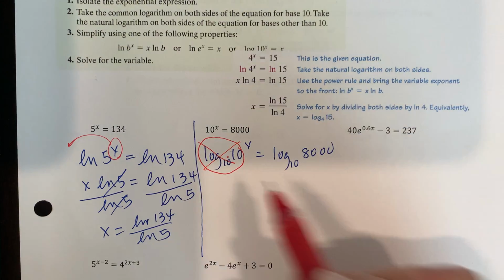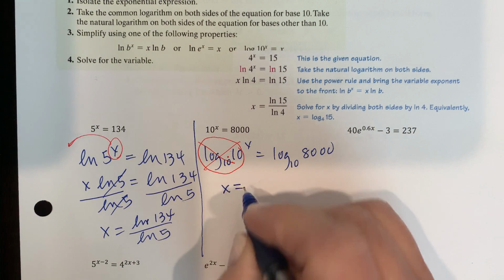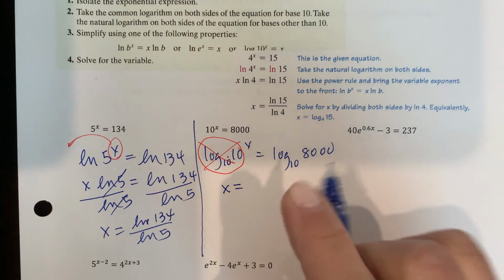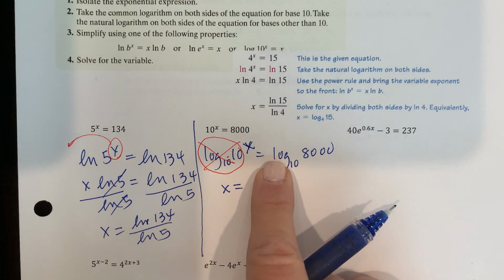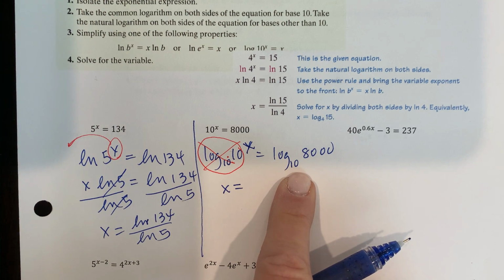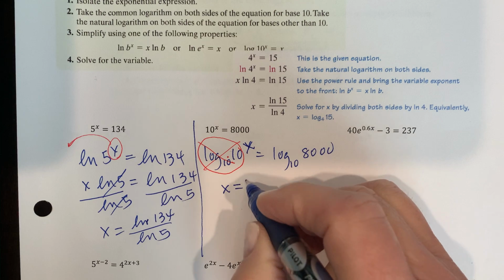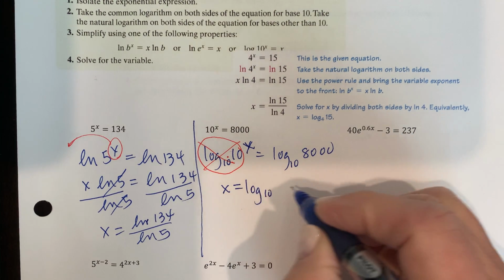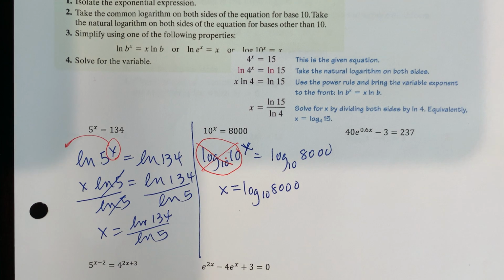It'll take that exponent and bring it on level, basically. And now you've got log base 10 of 8,000 as your answer. You could type that into a calculator to get a decimal answer, but that's not what it's asking at this point.